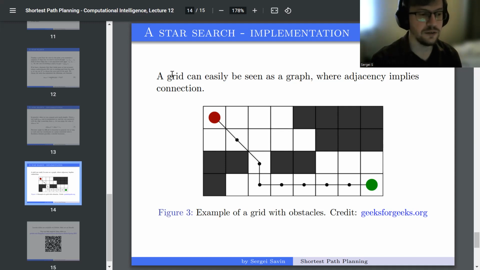A star is just a way to quickly go to the goal when you already have an inclination how to get there, and that is a heuristic. What a heuristic does is give you the idea how to get to the goal faster. Well, dynamic programming doesn't involve any such thing. It doesn't involve getting some heuristic.